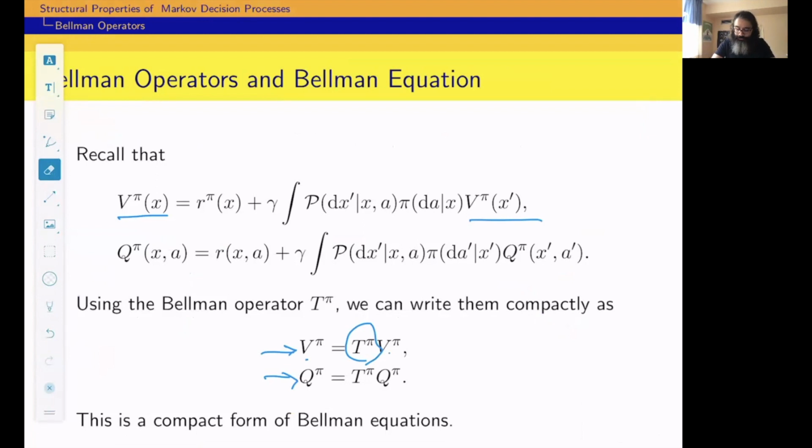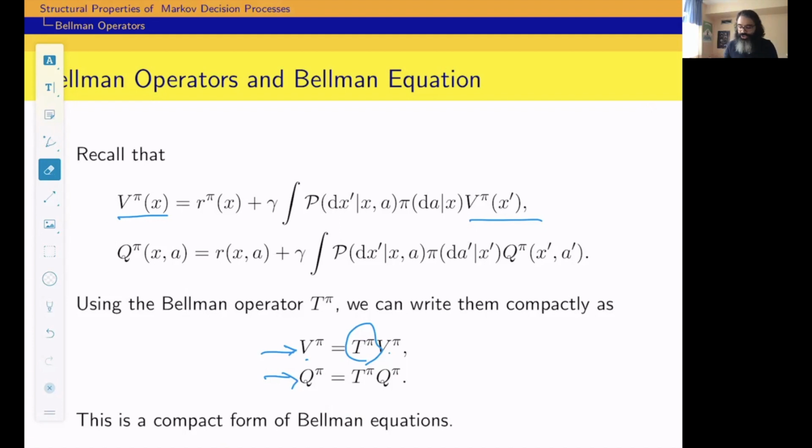No, both the left-hand side and the right-hand side should be V pi, because if you recall from the Bellman equation, both sides of the Bellman equation had V pi. Now, this is essentially the same thing, except that we just use this notation. When T pi is applied to V pi, the specific function that is the value function for policy pi, the result would be V pi. That's the intuition.